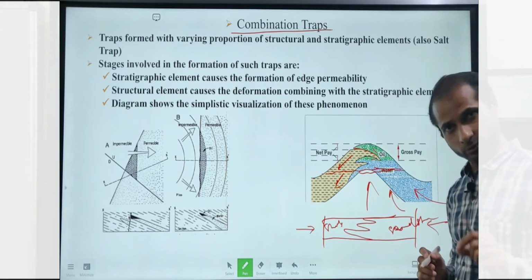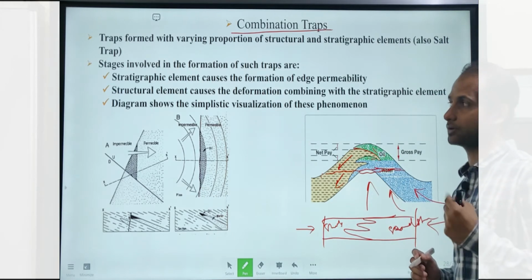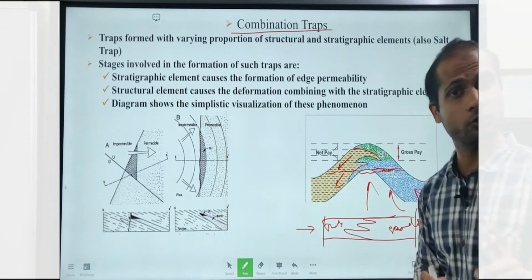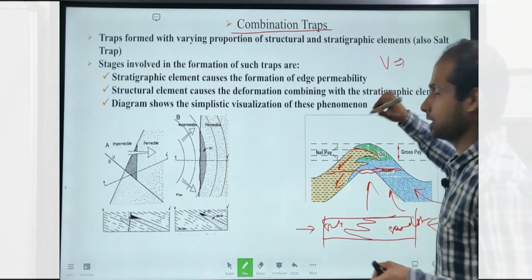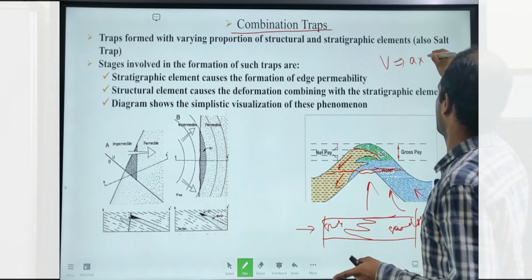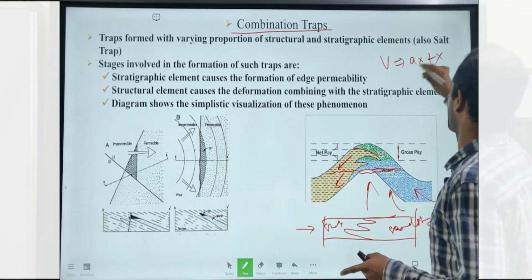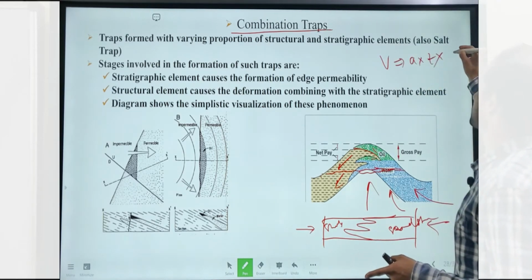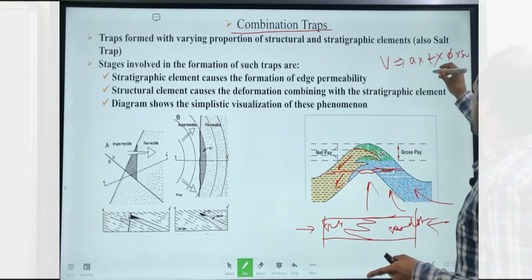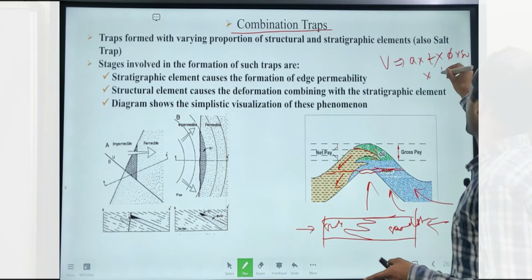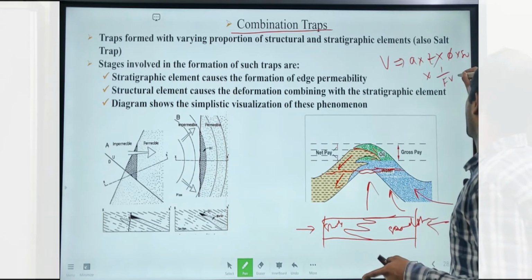And when we calculate the reserve, as I have already discussed, what do we do? To calculate the volume of hydrocarbon, what do we need? Area, thickness, porosity, saturation, and formation volume factor, 1 upon formation volume factor.